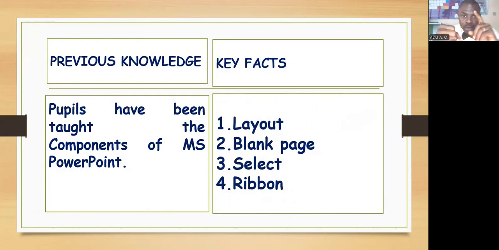So we have all the tabs, file tab, the home tab, the insert tab, and all the tabs that we have there, and then the ribbon that drops all icons or actions that you can work with, and of course the slide pane itself, and then we have the thumbnails. So all of this, I know you should be able to remember or work with.